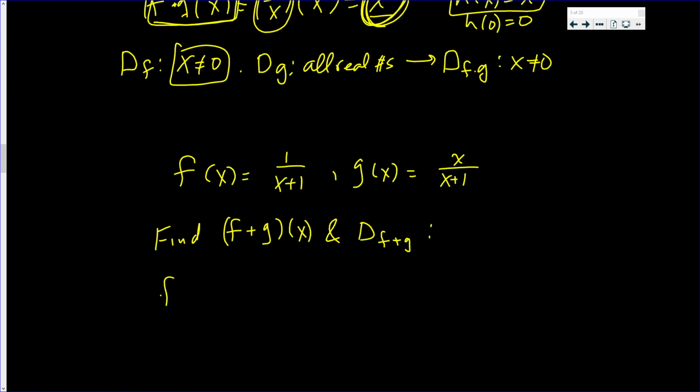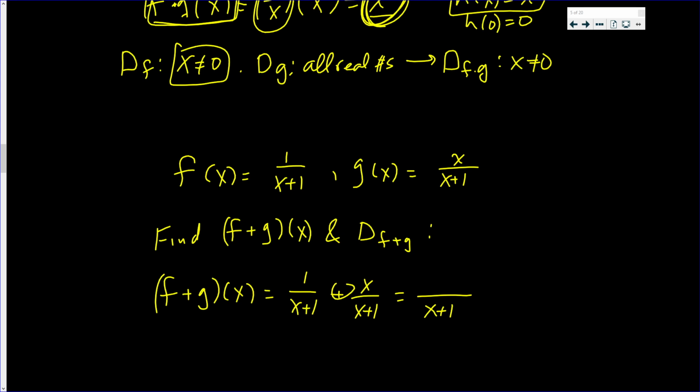Well, if you add the functions, you get 1 over x plus 1 plus x over x plus 1. In addition, if the bottoms are the same, keep them the same. You get 1 plus x over x plus 1. Well, this is equal to 1 most times, and it's indeterminate other times. 0 over 0 is indeterminate.